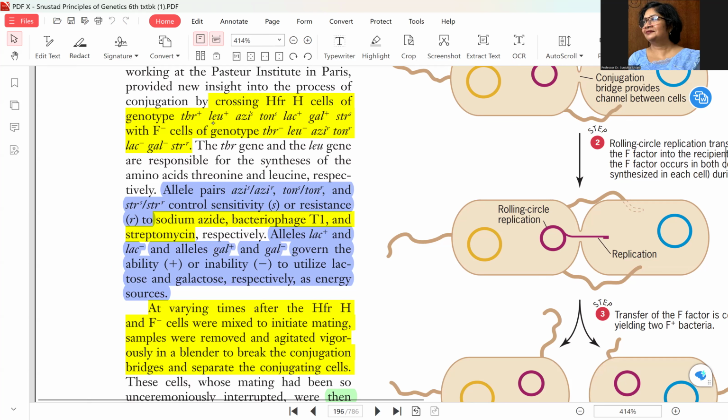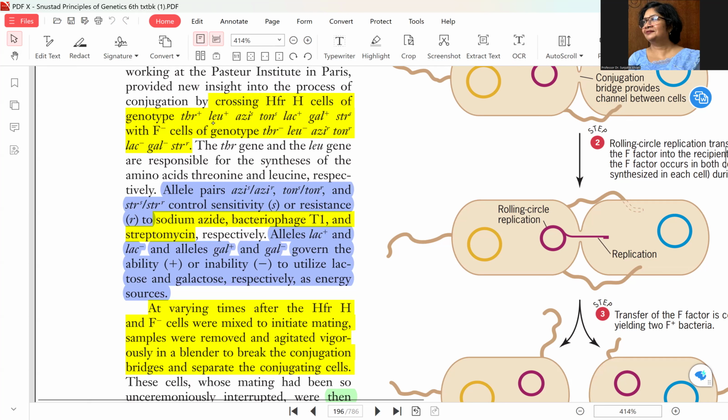Now, the way we carry out this experiment is, first we mix the HFR cell with the recipient cells, and we incubate them at a suitable temperature for a short period of time, because conjugation does not take place over a long length of time. So let's say about 5 to 7 minutes of initial incubation is a good option.